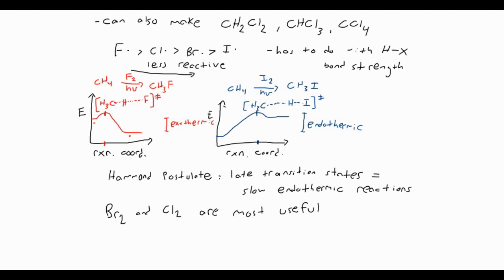So if you need to add iodine or fluorine to a molecule, it will probably be more useful and a lot safer to use a different method. So that's all I want to talk about in terms of this first half of radical halogenation. In the next video, I will do a little bit more discussion on halogenating different alkanes, so not just methane, but maybe alkanes with more carbons.